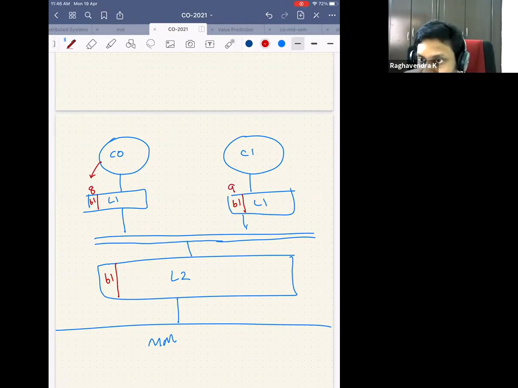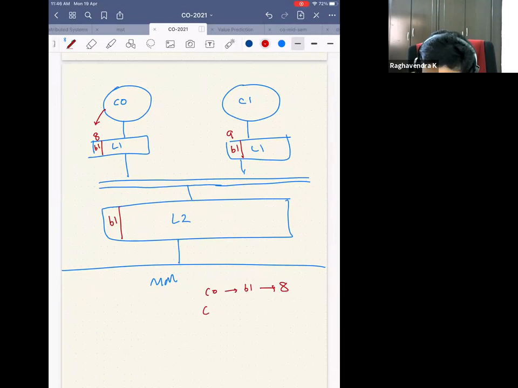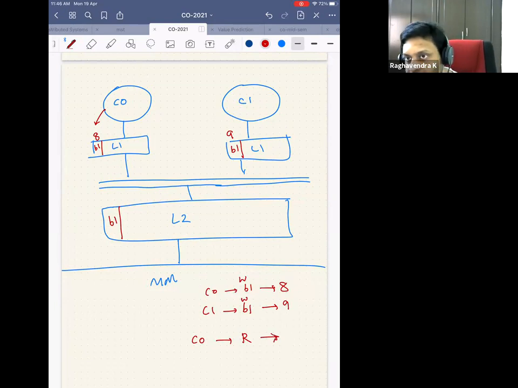Now when core 0 reads, should it read 8 or 9? Core 0 generated address B1 and updated the value 8. Then in the next cycle, core 1 generated a write for B1 and it generated 9. Now when core 1 reads, should it get 8 or 9?